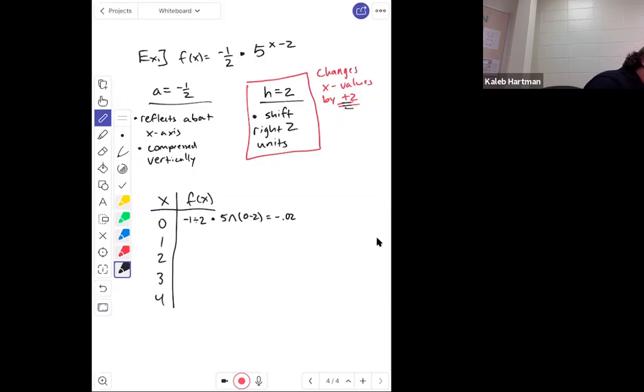Let's plug in 1. -1 divided by 2, 5 to the power of 1 minus 2. -0.1. Plug in 2.